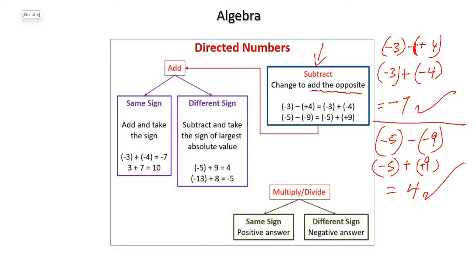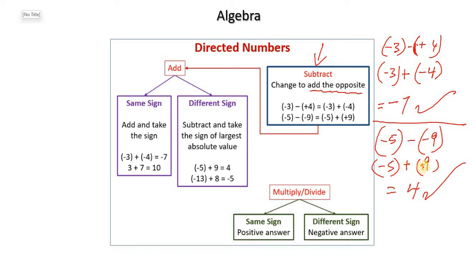Clear? Okay. So if you see that, notice that they actually did it here. They changed this minus sign to a plus, and the opposite of -9 is +9. But you don't really have to put the sign in front of the 9 like that, because it's in brackets.